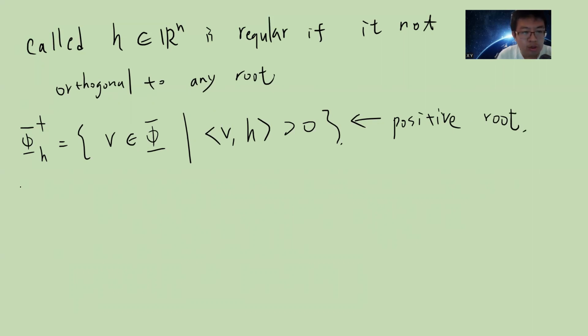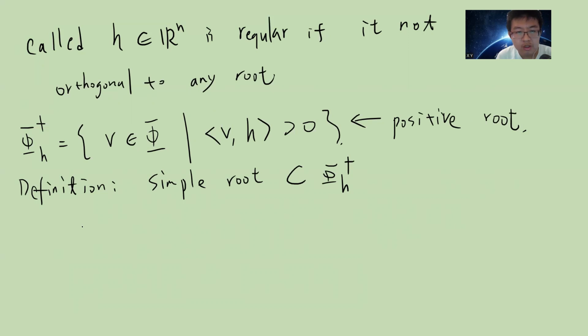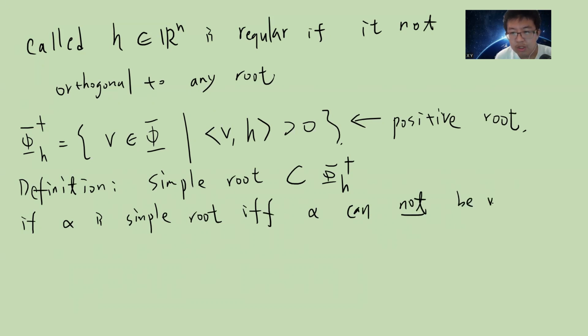Okay, so now let me give a very important definition called simple roots. Simple roots are a subset of phi_H^+. If I say alpha is a simple root, it means alpha cannot be written as a sum of positive roots.